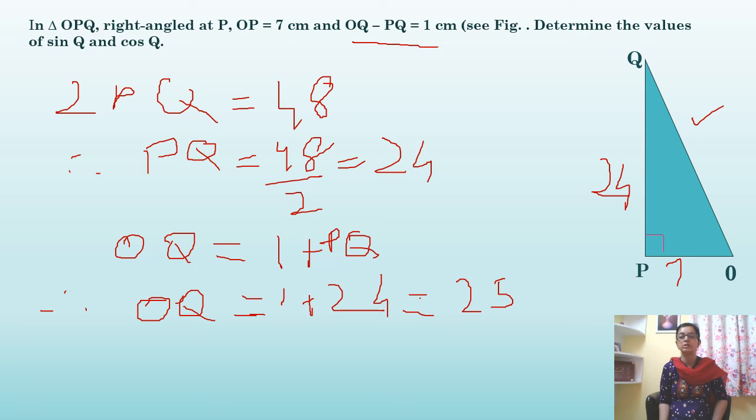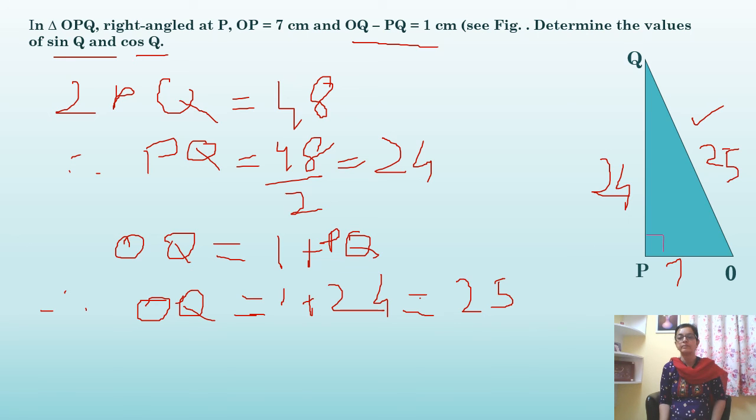So we got all the three sides of the right triangle OPQ.